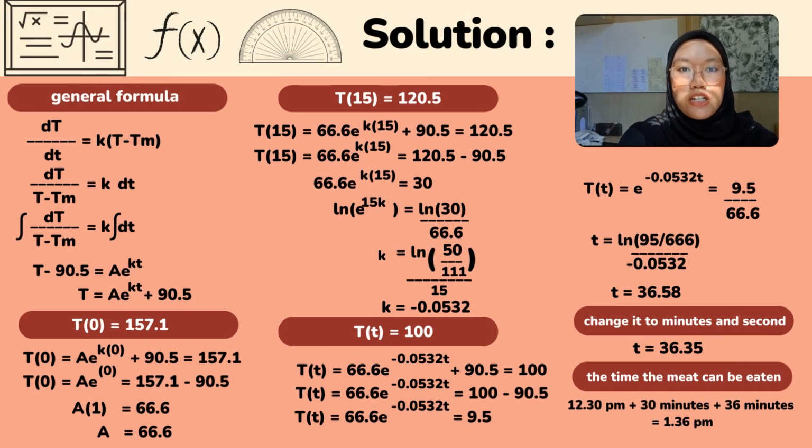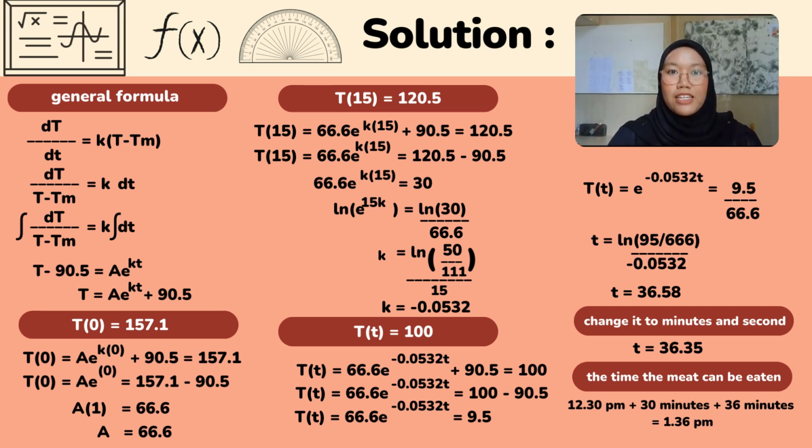To form the general equation, we have to use this formula: dT over dt equals k in bracket T minus Tm. Capital T will be put on one side and the other terms on the other side. Integrate both sides and make capital T the subject. Therefore, we get T equals Ae to the power of kt plus 90.5.